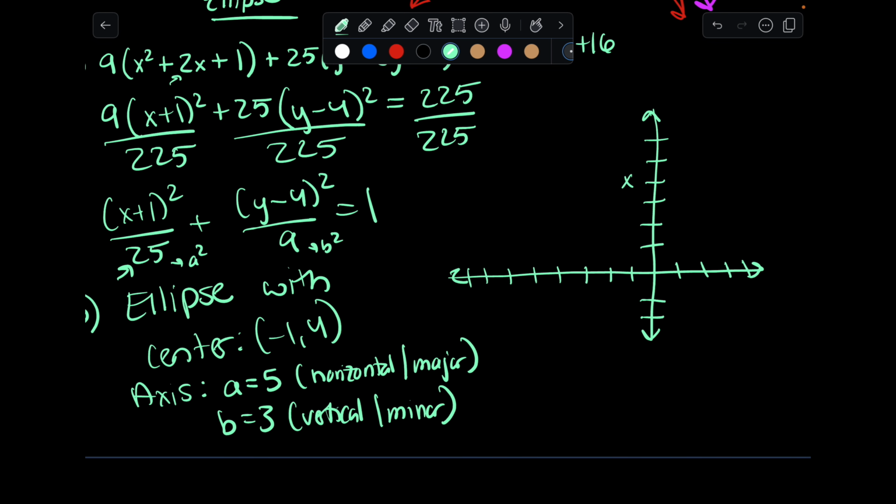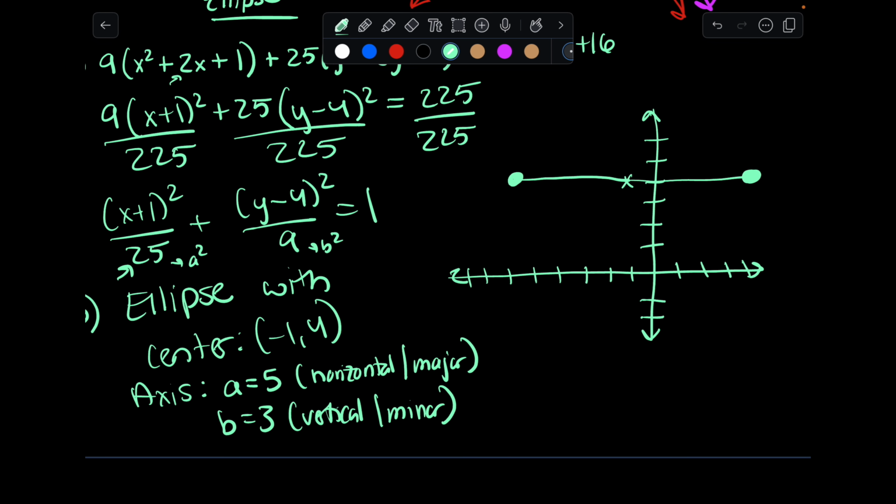And then I might need to extend my vertical axis, we'll see. Our horizontal axis, or major axis, has a distance of 5 from the center in both directions. So we'll have 1, 2, 3, 4, 5. And on the other end, we're at -1, so we'll go to -6: 1, 2, 3, 4, 5, 6. So we'll go out to here.